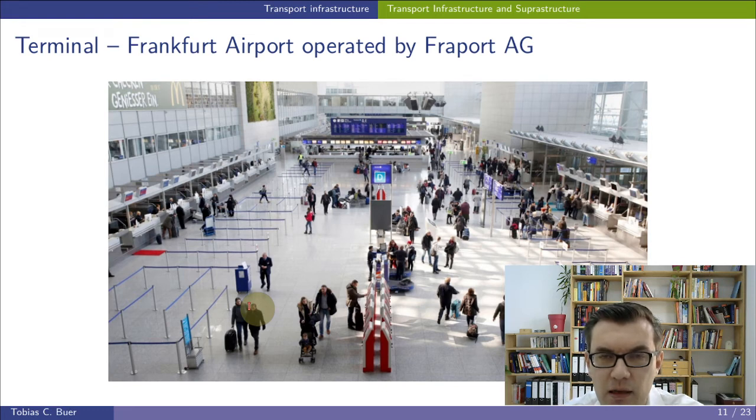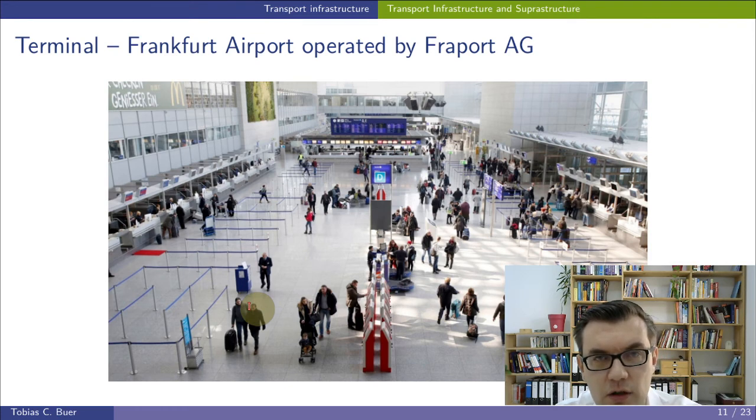At the back, in the middle, you see this bluish screen, a good example of the information system operated by the airport, which tells you about the incoming and outgoing flights, where to go, which gate to go to, where the check-in counters can be found, and if there is a delay, for example.